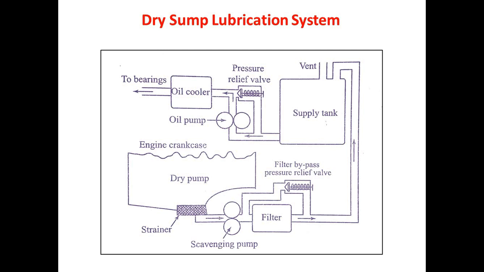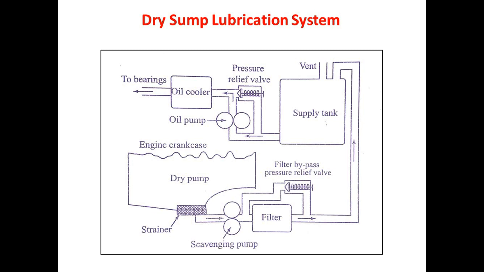Here near the filter a bypass pressure relief valve is provided. In the case when the filter is getting blocked because of certain foreign particles, the pressure generated after the blocking of the filter actuates the pressure relief valve, and lubricating oil can be bypassed through the pressure relief valve to the supply tank.